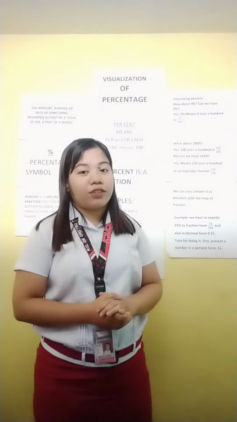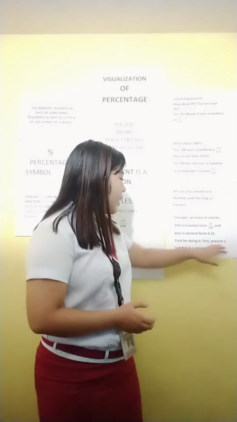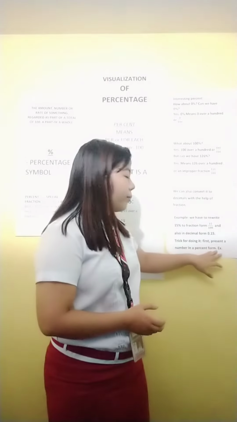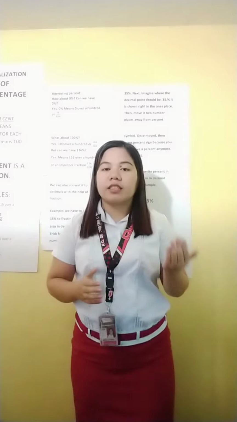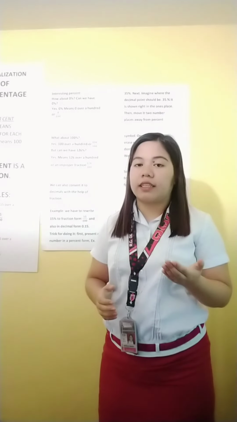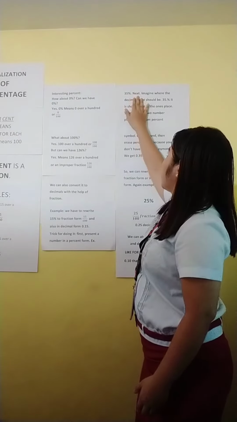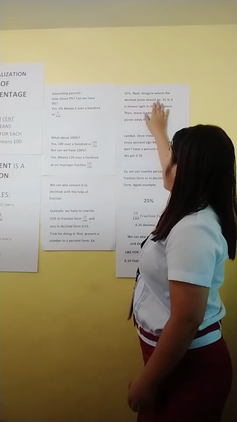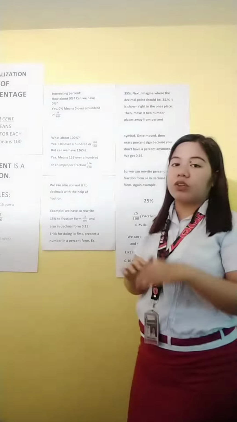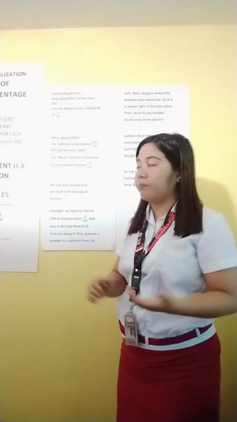Here's an amazing trick for doing it. First is to present a number in percent form. Let's say we have 35 as a number, so we present it in percent form, 35%. Next is to imagine where the decimal point should be.